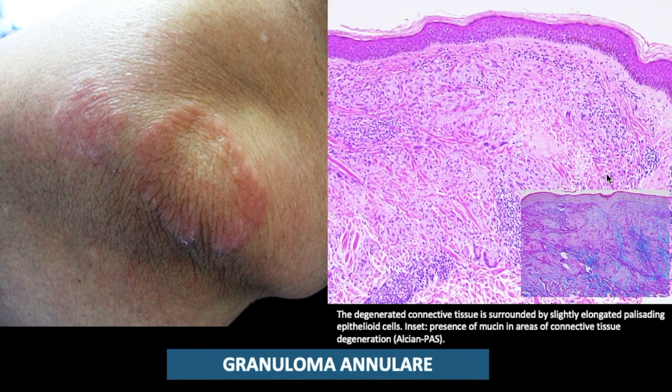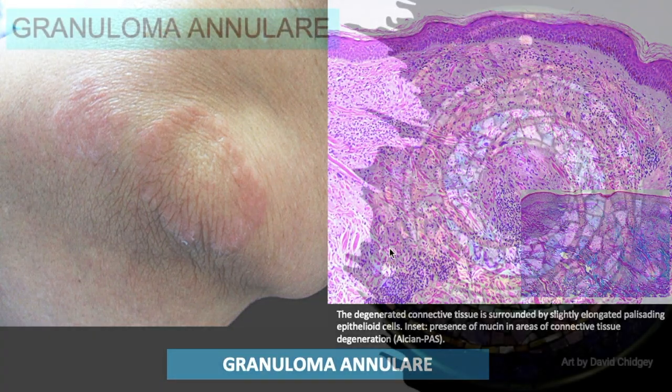And if you suspect those areas have this kind of pale pink deposition, you can order Alcian blue or iron staining to look for mucin deposition in order for you to diagnose this granuloma annulare as a dermal, well circumscribed lesion.